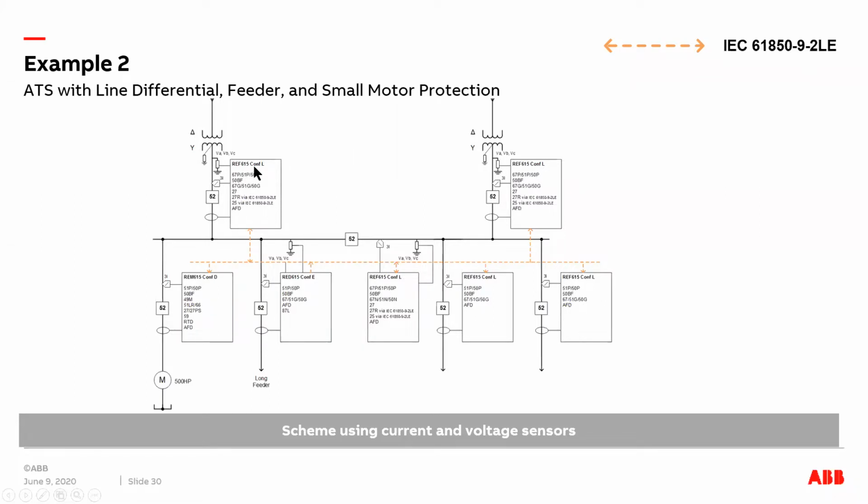So we changed the relay configuration to REF615 configuration L for main one and main two, and also for the tiebreaker. The REM is a configuration D, which accepts the sensor input, and line differential is configuration E, RED615, and for the feeder we use the same relay, REF615 configuration L.